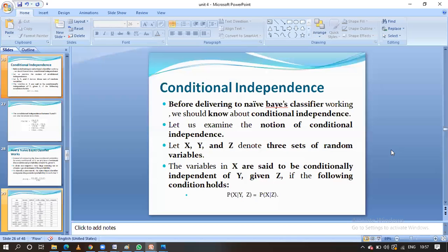If you are going to discuss the Naive Bayes classifier, we must know conditional independence.